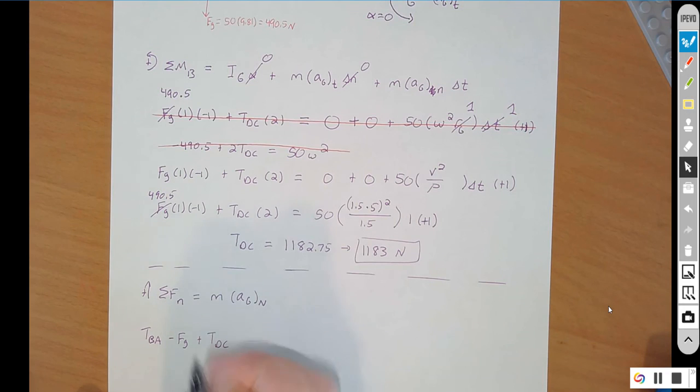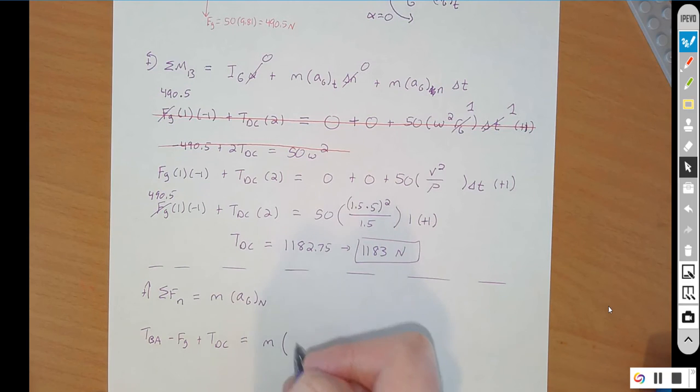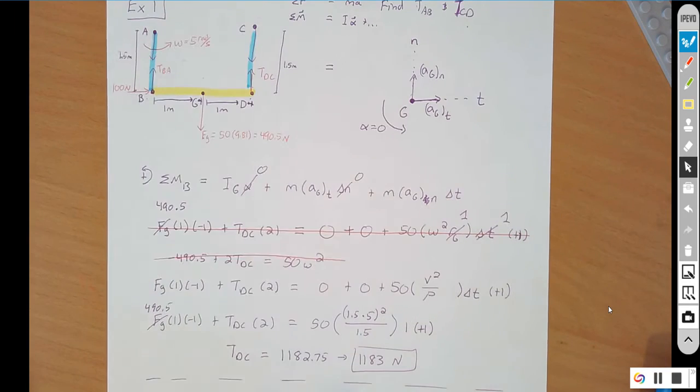Again, I know this and this. This will be equal to the mass. And then for acceleration of gravity, we could sub in the omega squared r, but it's probably more understandable if we do v squared over rho for this one, where we're trying to find the acceleration due to the rotation of a different bar.